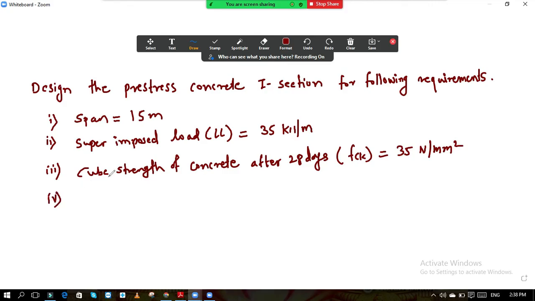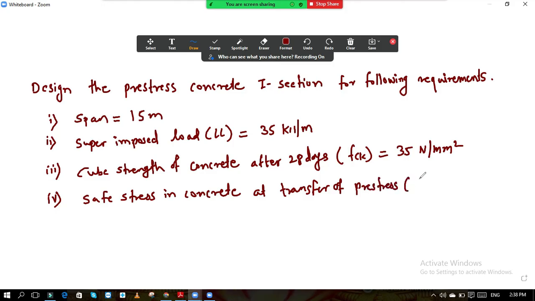Fourth, safe stress in concrete at transfer of prestress, Fr is equal to 0.5 FCK.